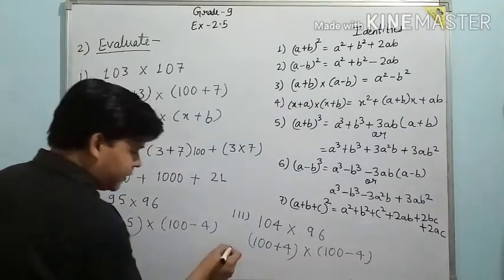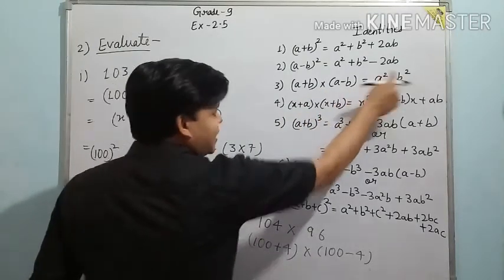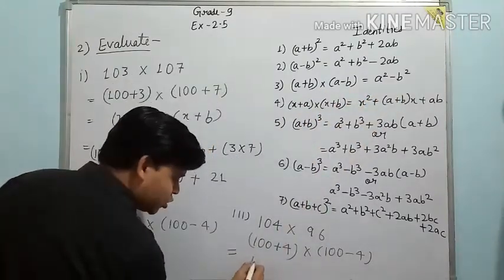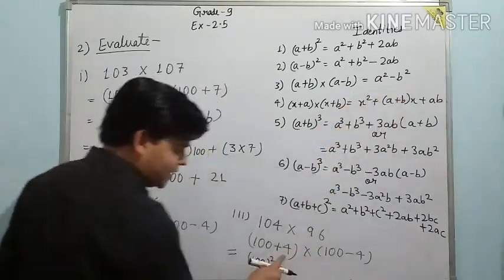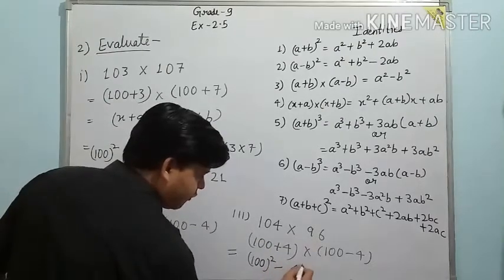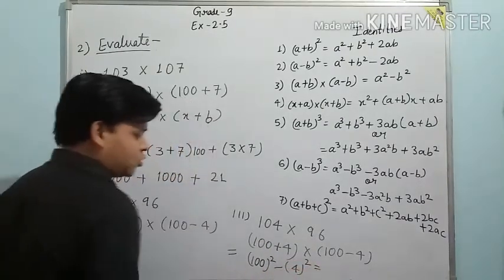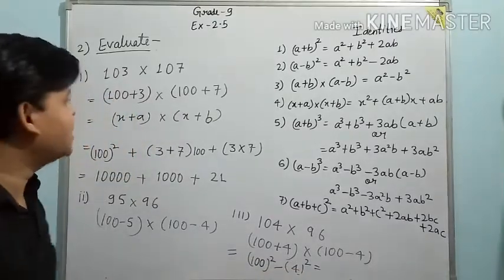So you can write here a plus b multiply a minus b is equal to a square minus b square. That means a is 100, so square of 100 minus b square. So b is 4 here, so square of 4. So square of 100 minus square of 4. So this also you can complete by yourself easily.